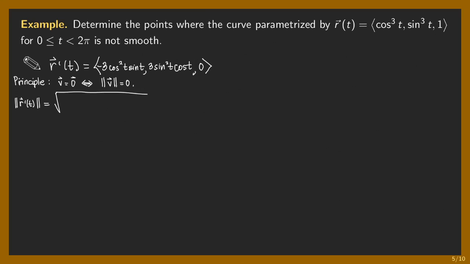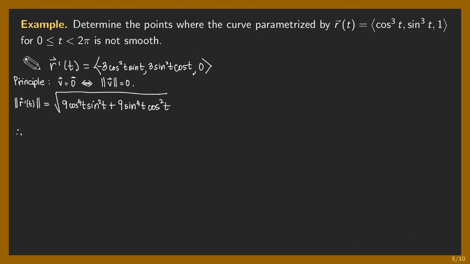It's the square root of 9 cosine to the 4th t sine squared t plus 9 sine to the 4th t cosine squared t, plus 0 squared. Of course, we will not write plus 0 squared. So this is the norm.